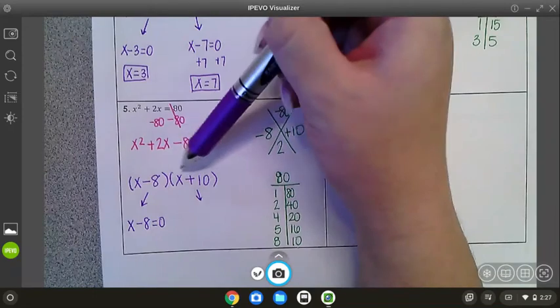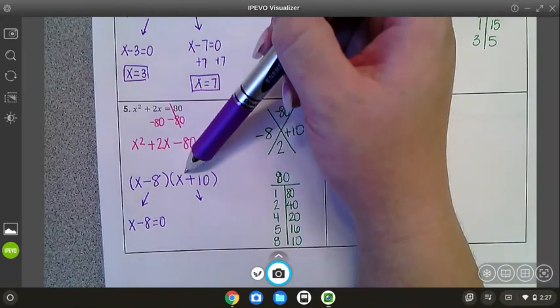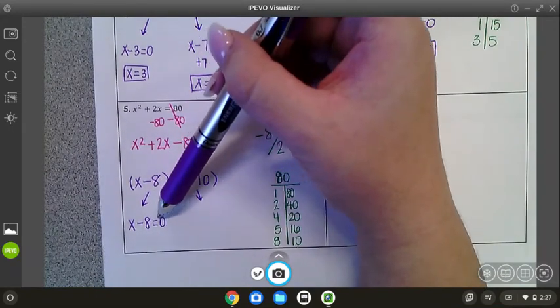So we write them in our factors, and then we set each factor equal to 0.